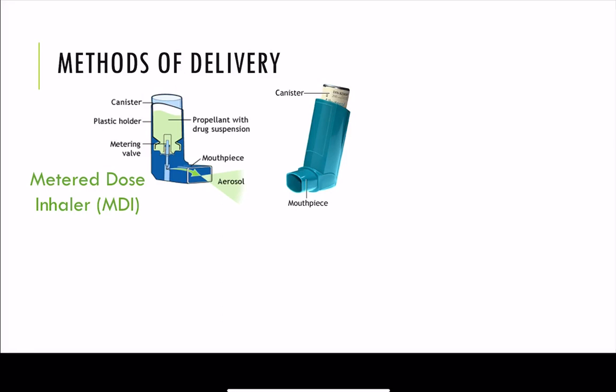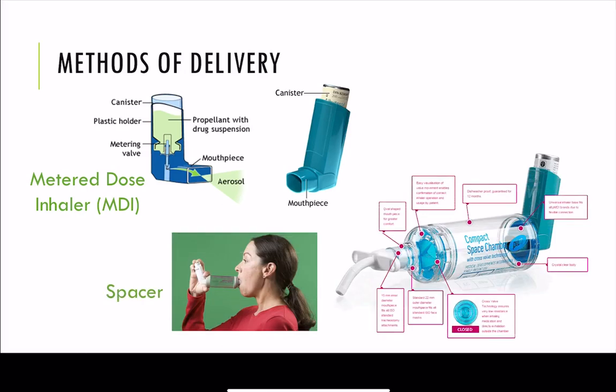So really young kids and elderly patients can have a really hard time, as can those with neurocognitive impairment. They might not be able to get this timing down to really use a metered dose inhaler effectively. So a really great fix for that is something known as a spacer. A spacer is a valved holding chamber.